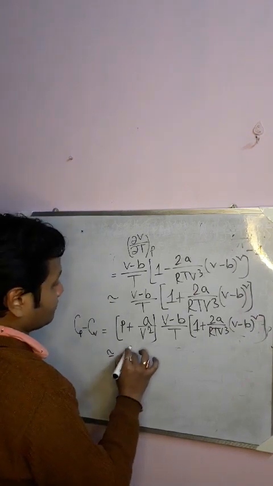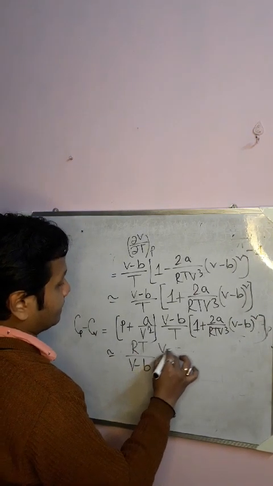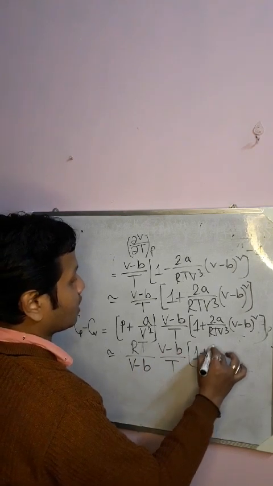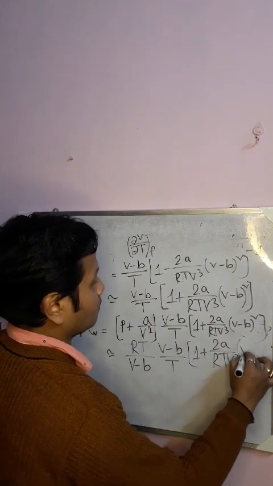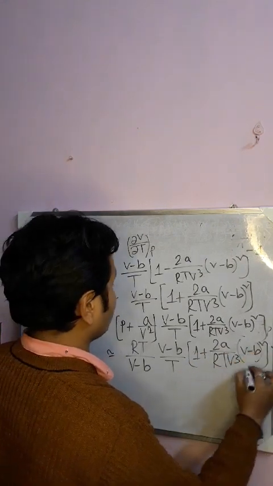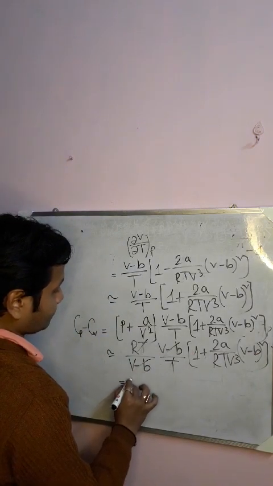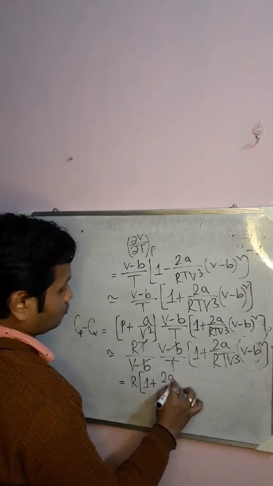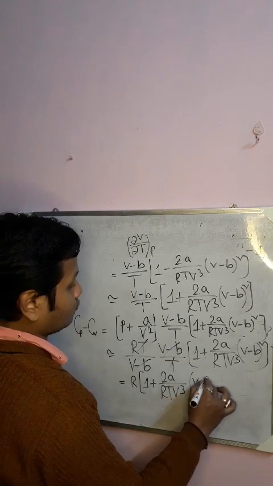P plus A by V square means RT by V minus B, and this is V minus B upon T. So T cancels, and R into this becomes 1 plus 2A by RT V cube into V minus B whole square.